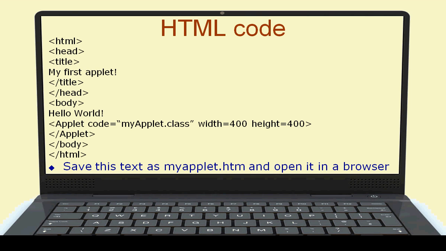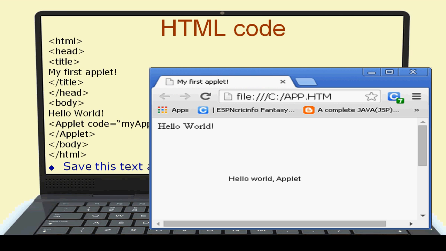Save this text as myapplet.htm and open it in a browser. You should get the browser, and in which this Hello World Applet, this is the output of the applet program that we have written. This My First Applet is the title, this Hello World is from the body, and this Hello World Applet is from the applet.